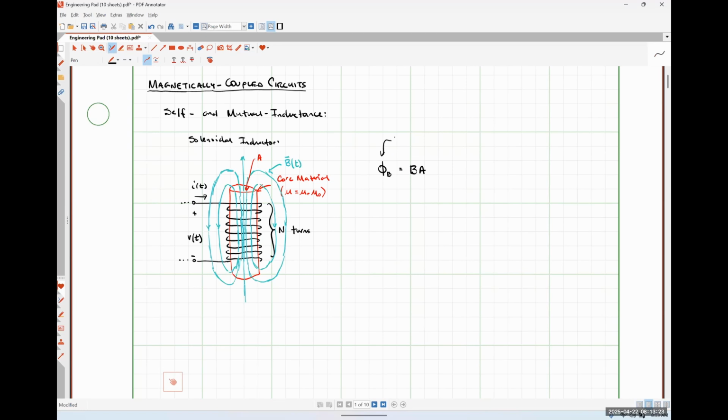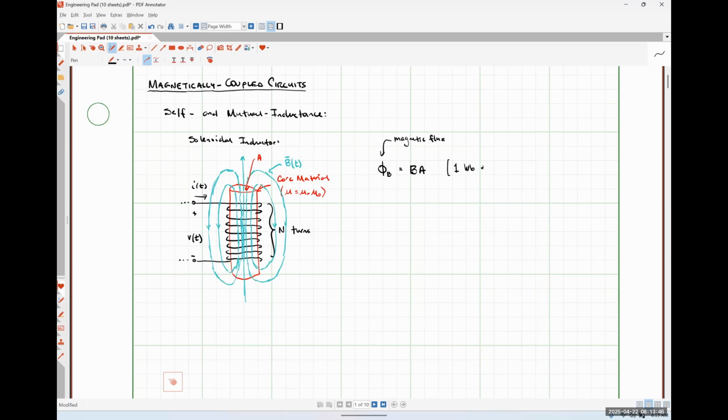This is magnetic flux. So we have phi B is equal to B times A, where the units of this is what's called a Weber. Okay.